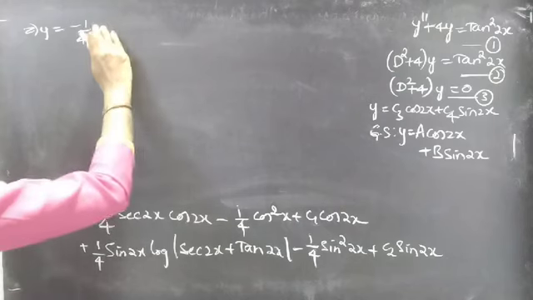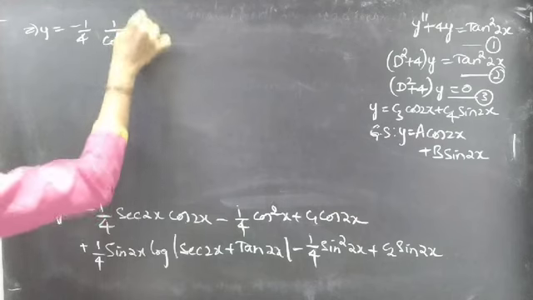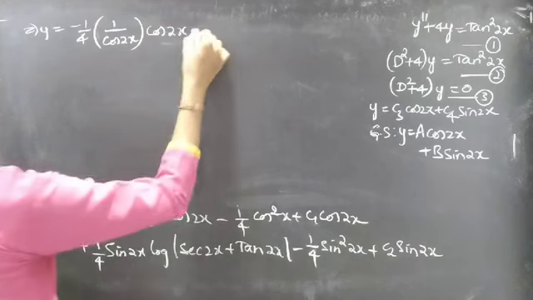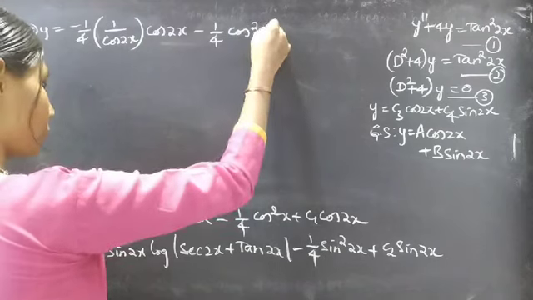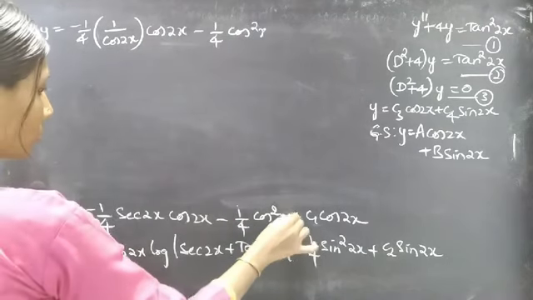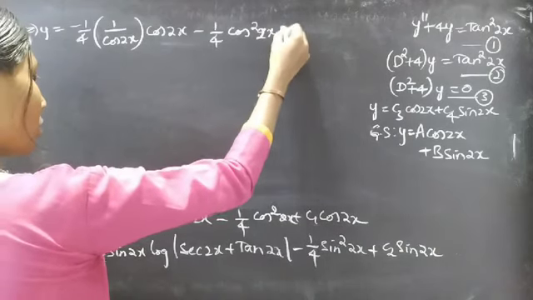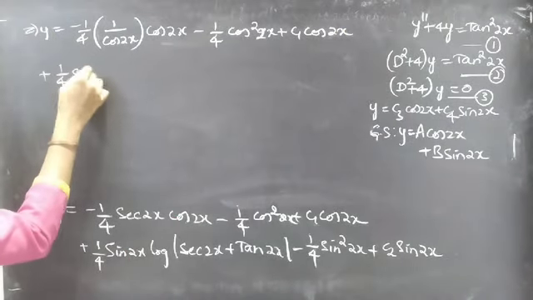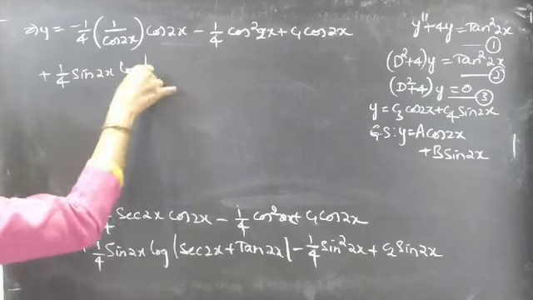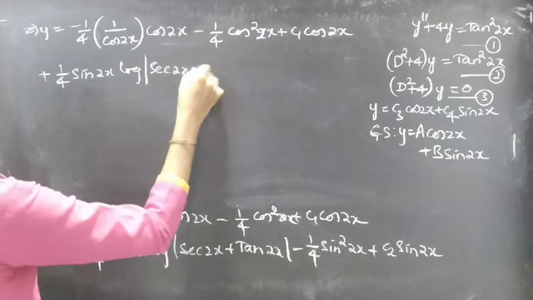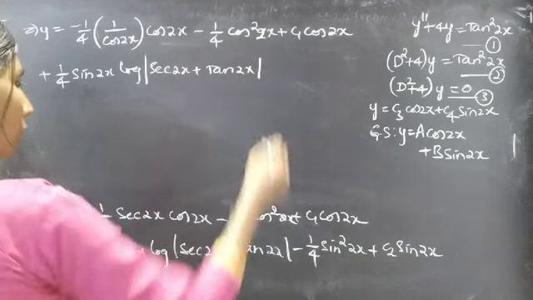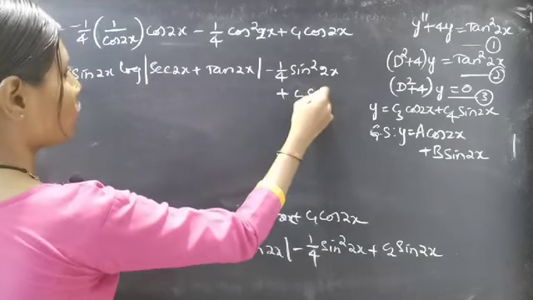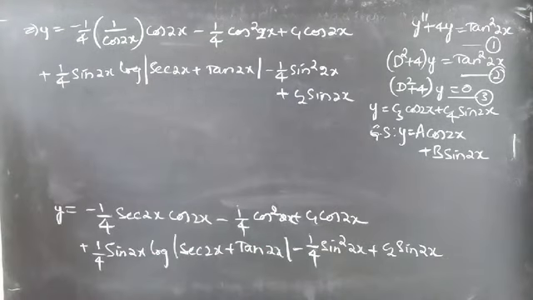We can write secant 2x as the reciprocal of cos 2x, so we'll get 1 by cos 2x here into cos 2x, minus 1 by 4 cos square 2x, plus c1 cos 2x, plus 1 by 4 sin 2x log mod secant 2x plus tan 2x, minus 1 by 4 sin square 2x, plus c2 sin 2x. So here cos 2x gets cancelled from the first term.